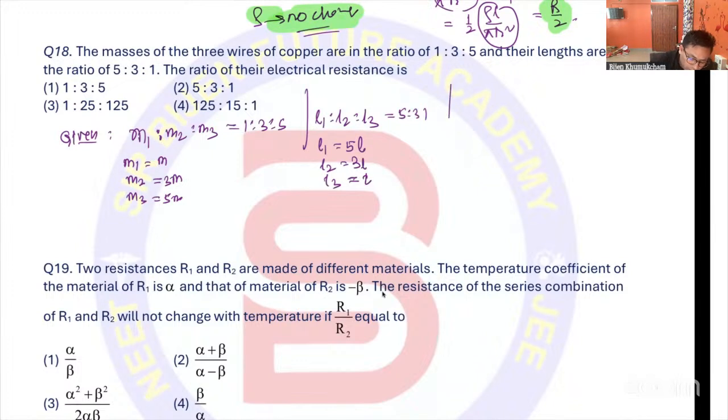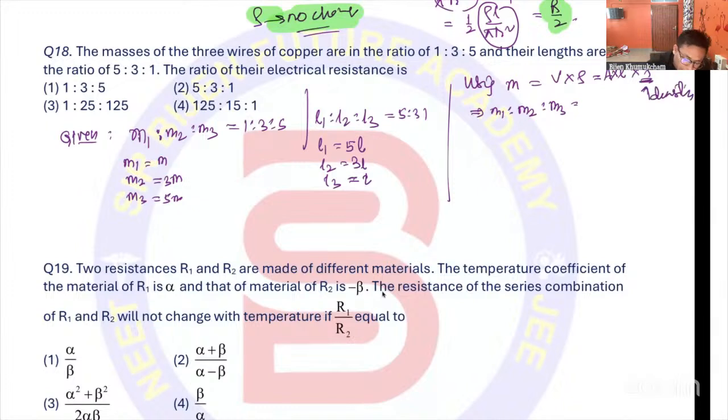After knowing all these values, we know that mass is nothing but volume into density, where rho is density. So M1 is to M2 is to M3 is again volume, which is area into length, into density. This is density, not resistivity.